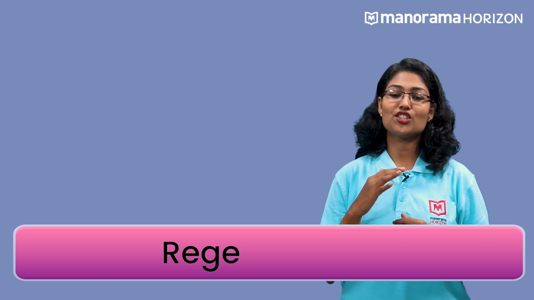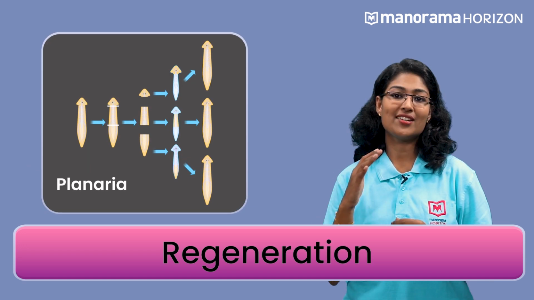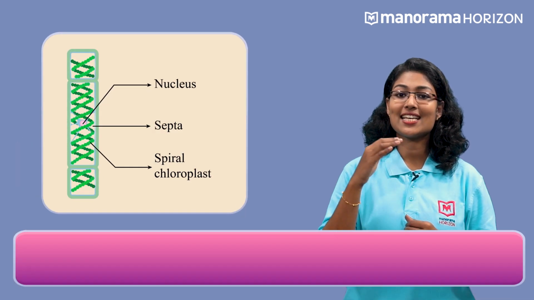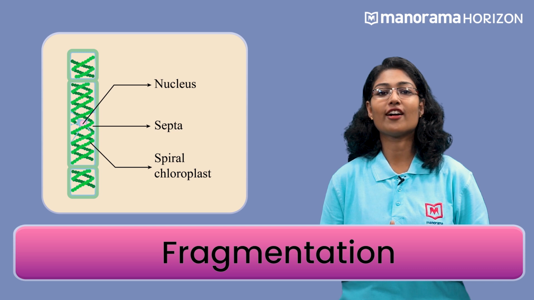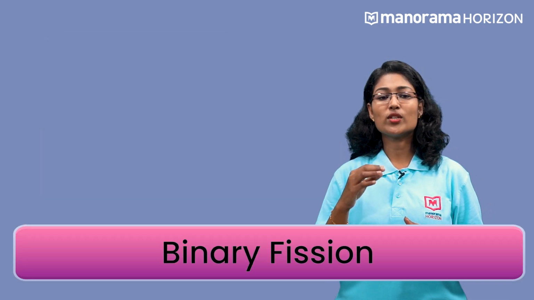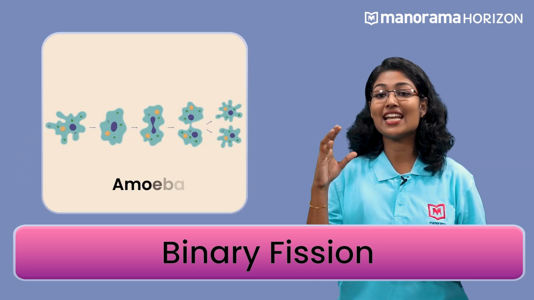Second, regeneration. It is a process observed in planaria. Next is the fragmentation method. It is visible in a few fungi and algal types. Binary fission, which is a factor of reproduction as well as growth, is seen in amoeba.